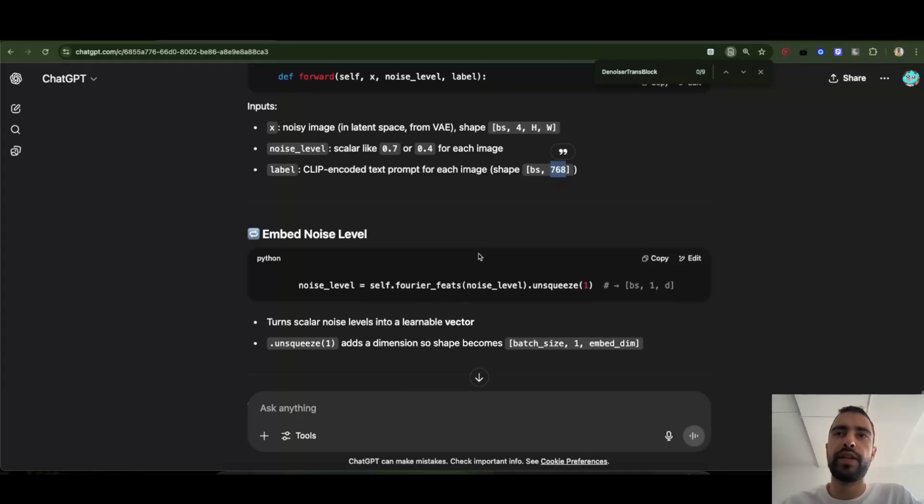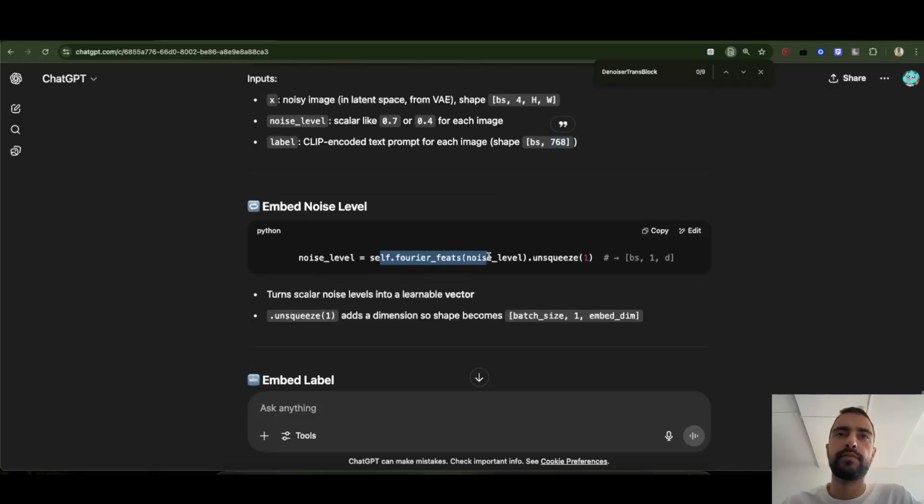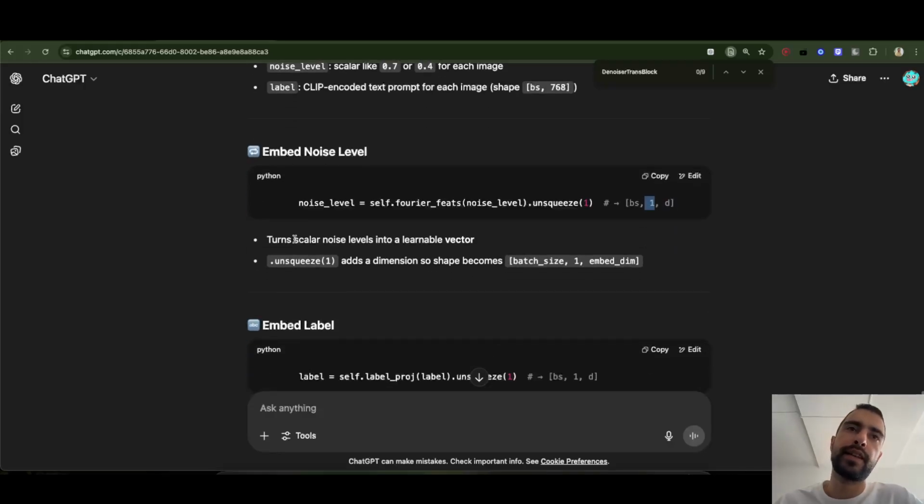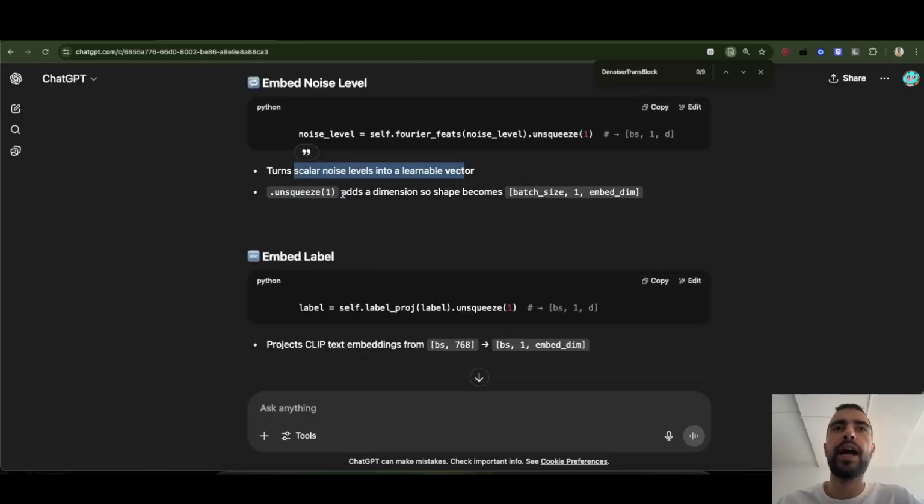So we first generate the noise embedding and we unsqueeze the first dimension to add it here. It turns scalar noise into learnable vectors. Unsqueeze(1) adds a dimension, so the shape becomes this, as I just said. We will add this to the sequence, but we don't need a sequence length here because it's going to be the same for the entire sequence.